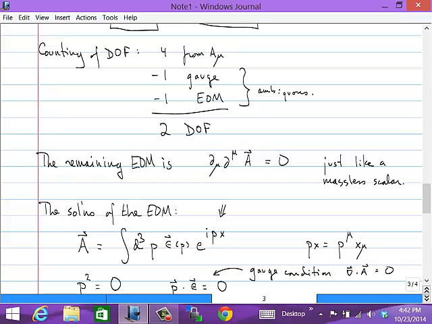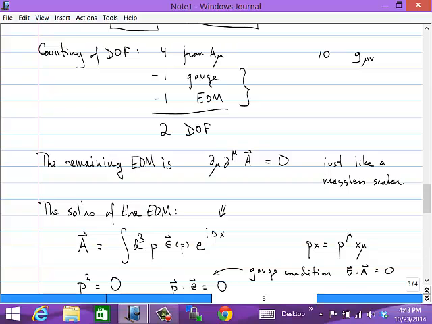So, for example, just for your education, let's imagine we were considering gravity instead of electromagnetism. In gravitational theories, you have a metric tensor, g mu nu, which is a symmetric 4x4 matrix, which has 10 degrees of freedom.